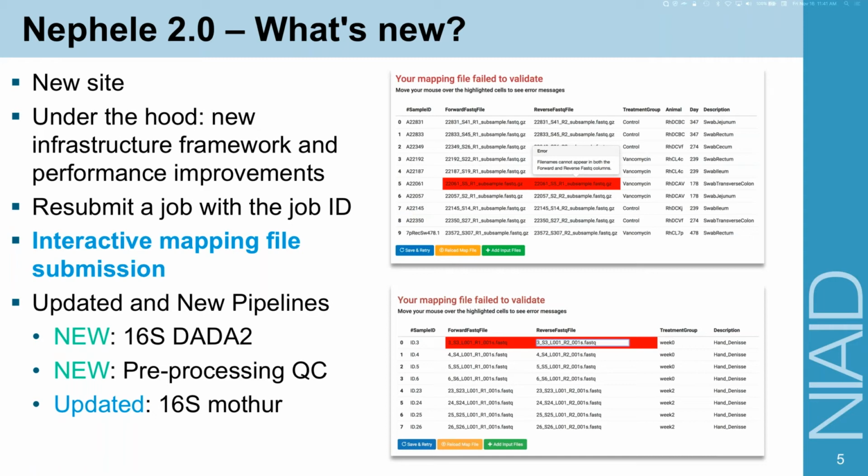So I was going to say that we are planning to add, in the future, additional downstream analysis as a standalone option, where you can choose what you would like to run. That will just take the BIOM file from any of the 16S pipelines, so that you can just submit that and run.